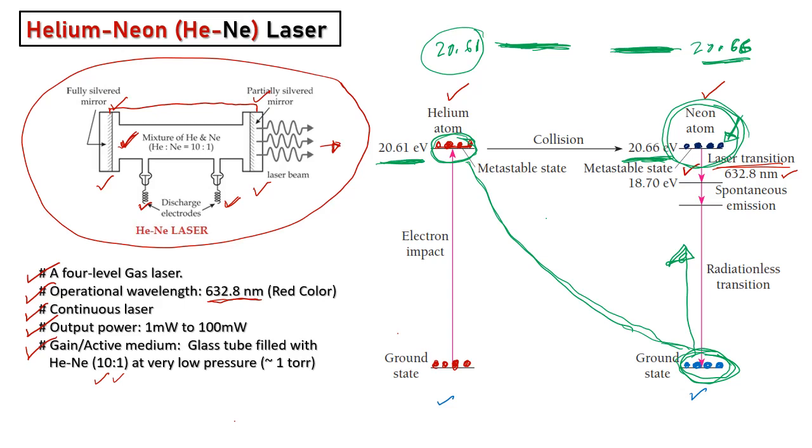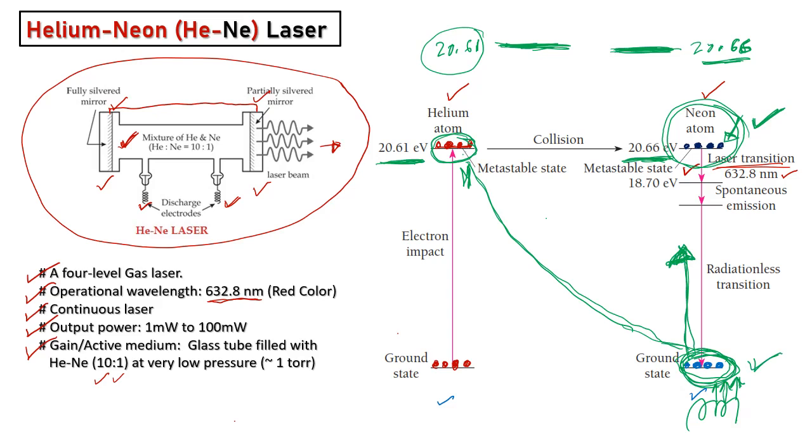So what happens when we are supplying energy? By the supply of energy, the atoms of neon are going to this metastable state, and in another way also, the helium atoms which are colliding with the ground state of the neon atom are also providing energy to the atoms in the ground state of the neon, and more and more atoms are going to the neon states.